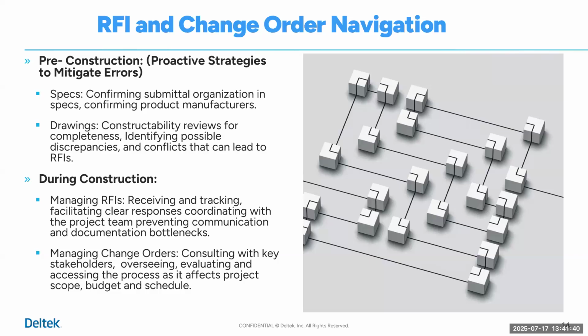During construction, managing RFIs can be a challenge sometimes, but the CA person is going to make sure that they receive them, track them, and facilitate clear responses, coordinating with the project team and preventing any communication and documentation bottlenecks.